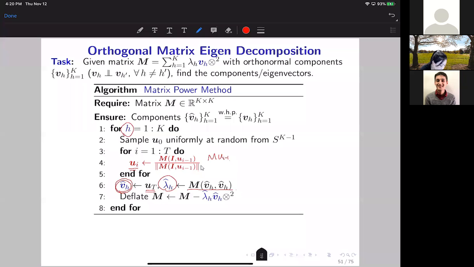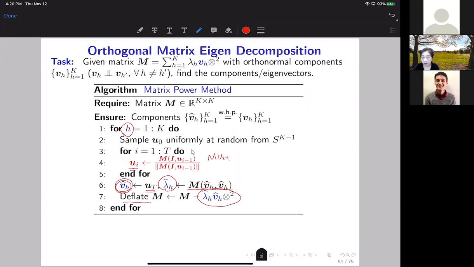And now you are doing some kind of deflation. How do you do deflation? You just subtract this component out of your matrix. And then the estimation of the next leading eigenvector would be, again, doing the power method on this matrix. So this is the idea of the matrix power method for top-k recovery. You're doing it in a sequential way, because you first recover the top one, then the second top one, and so on.